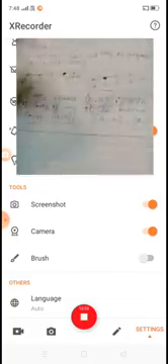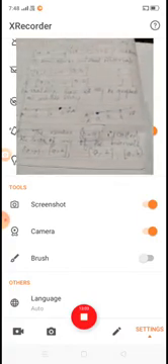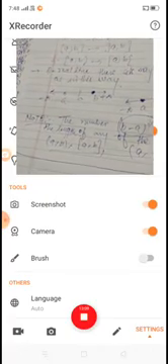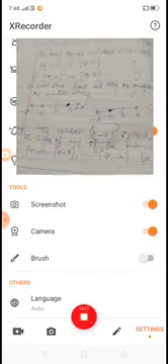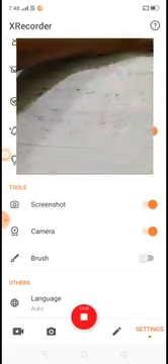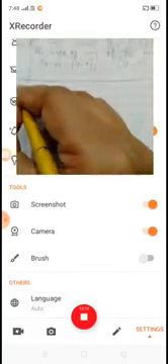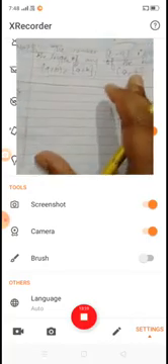Now let's see some examples based on these intervals. Let's see some questions.